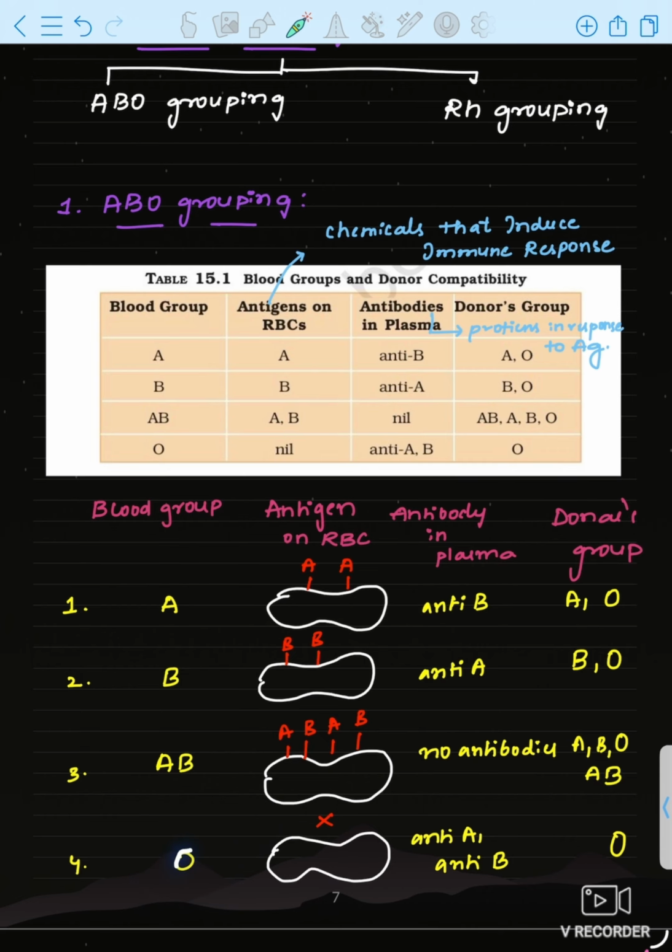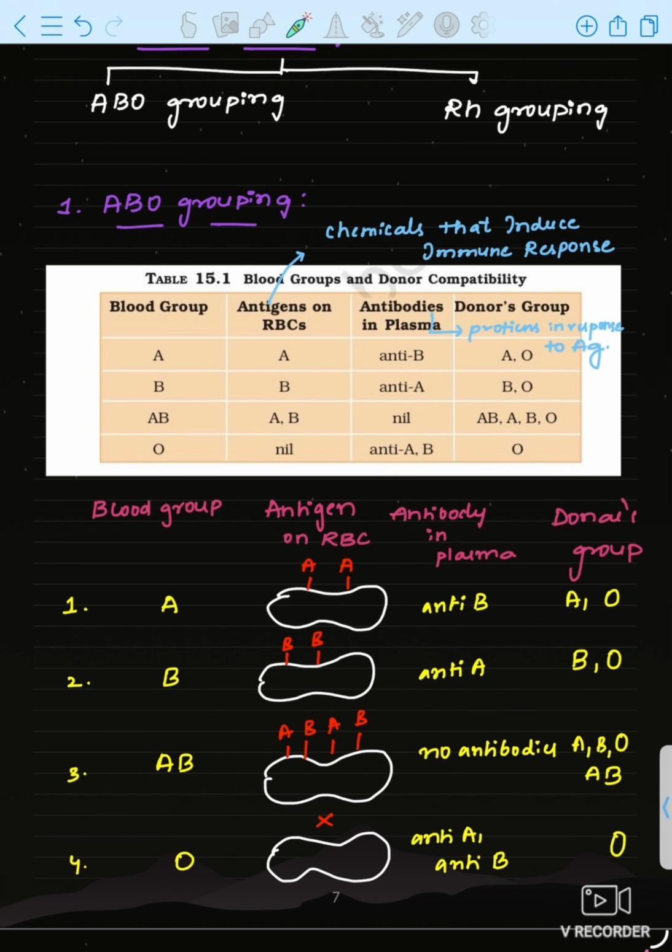That is why O means no antigens are present. Antigens are present on RBCs. Now antibodies, what are antibodies? Antibodies are proteins which are produced in response to antigens.